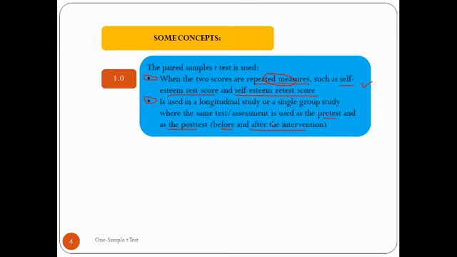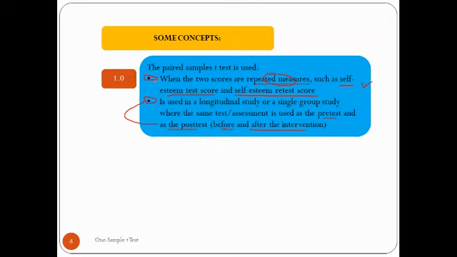I want to emphasize that the second rationale, the second scenario, is more related to experimental studies, where the researcher or a school or a government agency tries to change the dependent variable in some way by introducing an intervention or a program.